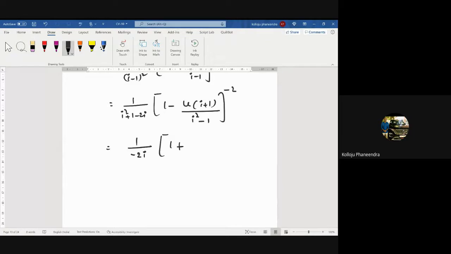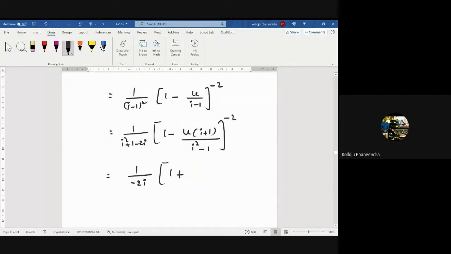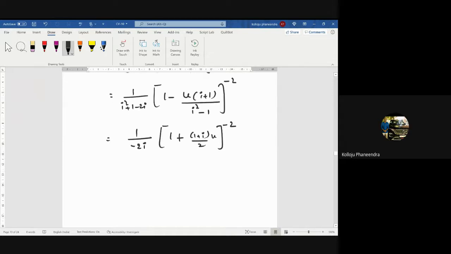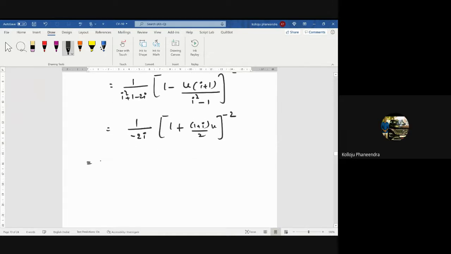Is it correct? i plus 1, i square, sorry. Yeah, right. (i plus 1) by (i square minus 1 minus 1), that is minus 2. So 1 plus (i by 2) into u, whole to the power of minus 2. Right? Now, minus 1 by 2i.